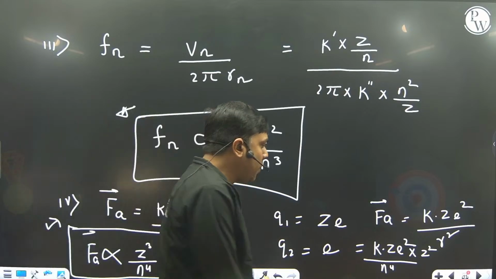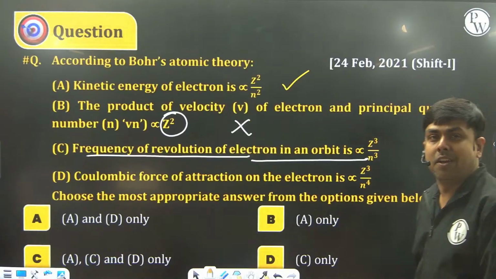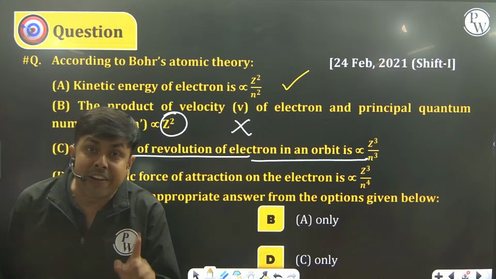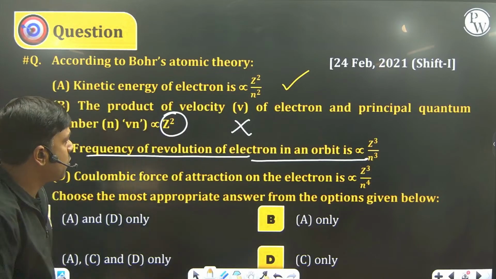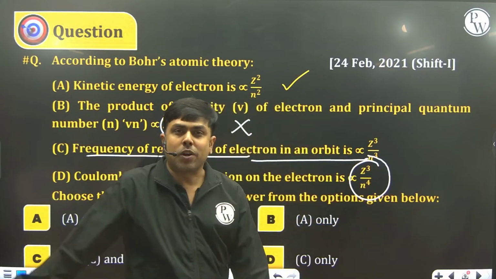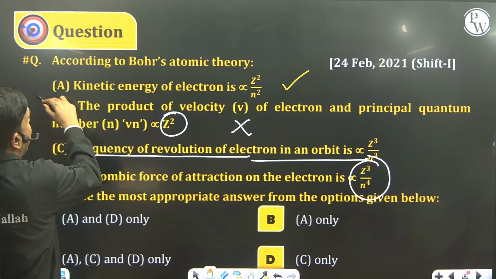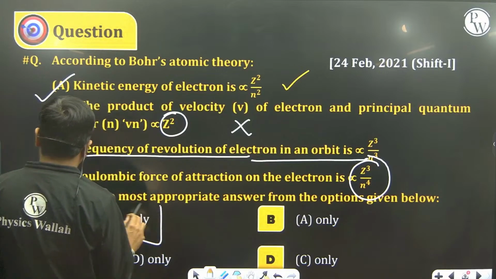Through this particular question, we were able to summarize all the important parameters and formulas related to Bohr's atomic model. Coulombic force of attraction is directly proportional to Z cube upon n to the power 4, and this is what we have derived. So option D is also correct, option A is also correct, and A is the right answer.